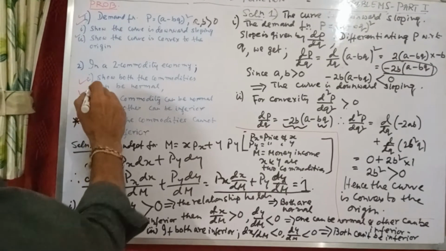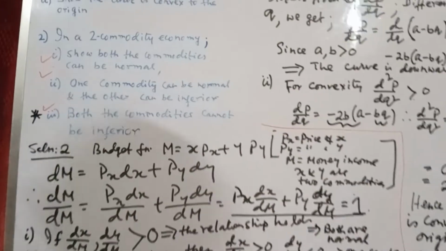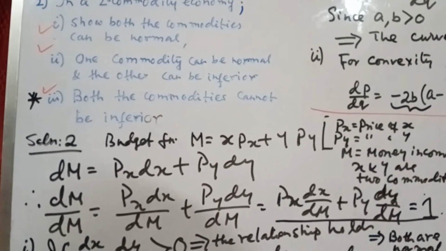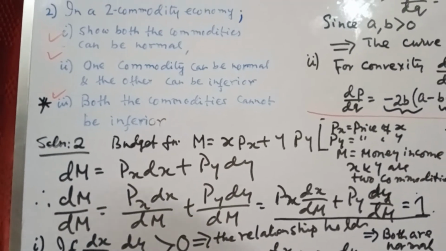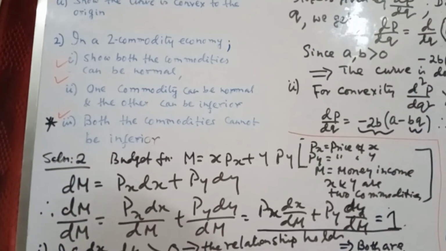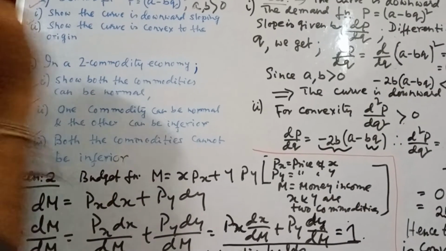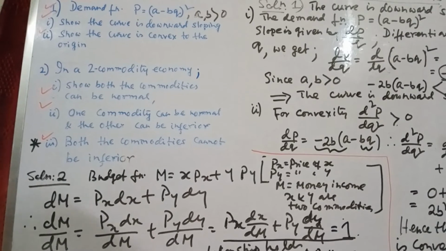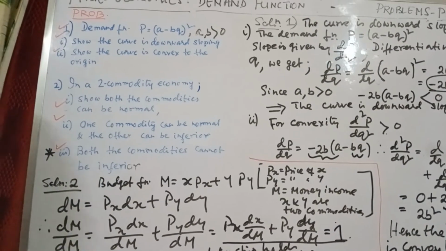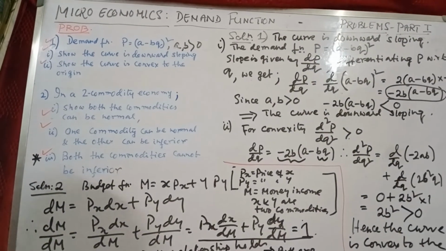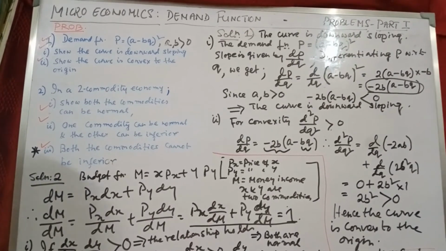Once again, I am explaining the solution to problem number 2. It is given that in a two commodity economy, show that both the commodities can be normal. It is a possibility. What is the other possibility?